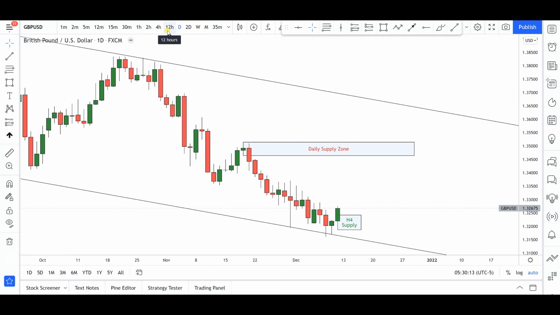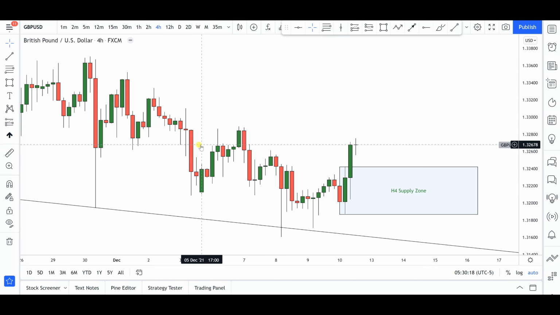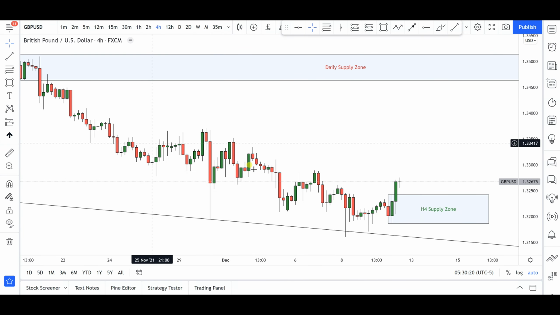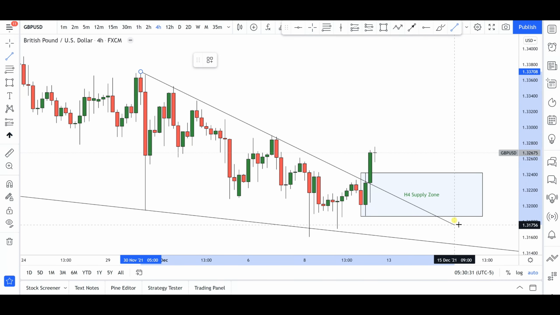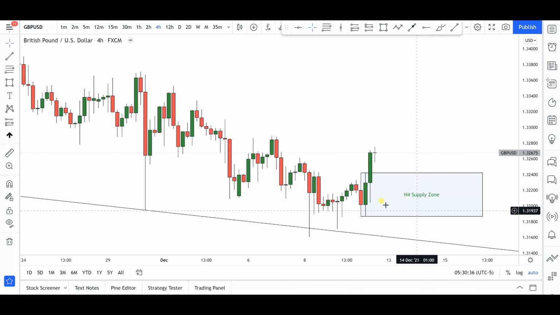All right, so we're getting that bounce now, and if we go into the 4 hour time frame, we'll notice that the market is now beginning to shift slowly but surely. You can see we were in a downtrend, the market was moving to the downside, and now you notice that price is slowly breaking away. If you plot some form of trend line in here, you notice that the market is now breaking above that trend line, and that might be an indication that the bulls are now in the market, and you notice that price is now beginning to break levels of resistance that we had previously on our charts, to the upside.